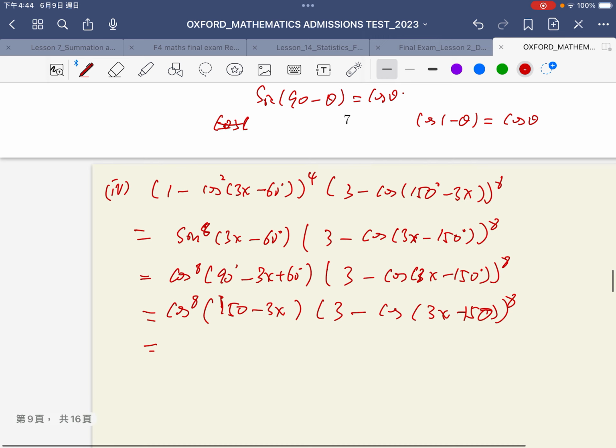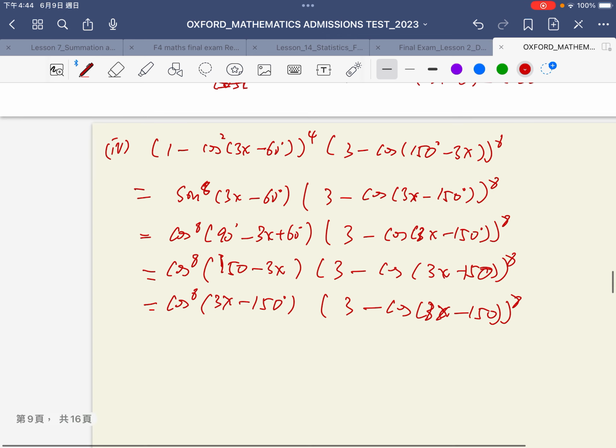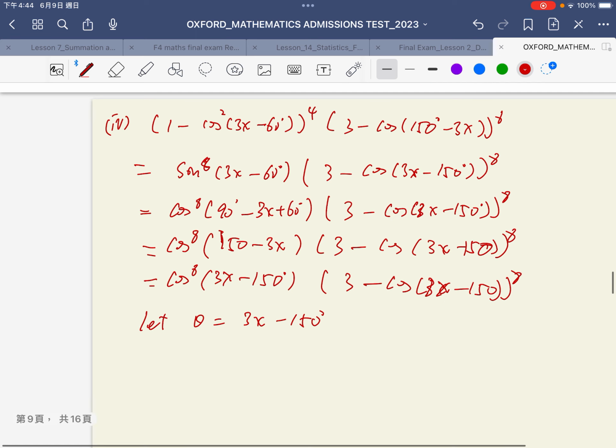I only change the sign inside the cosine, to cosine of (3x minus 150). And then for convenience, I let theta equal 3x minus 150.